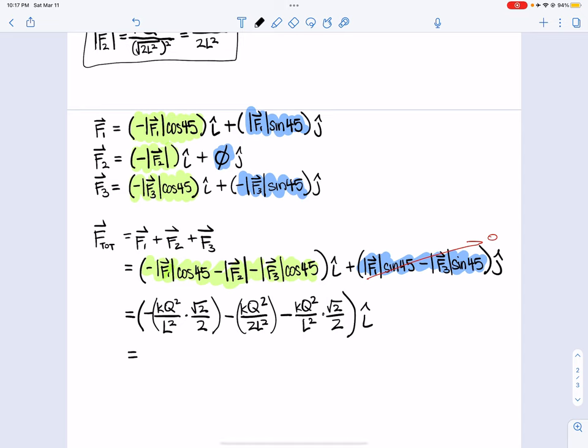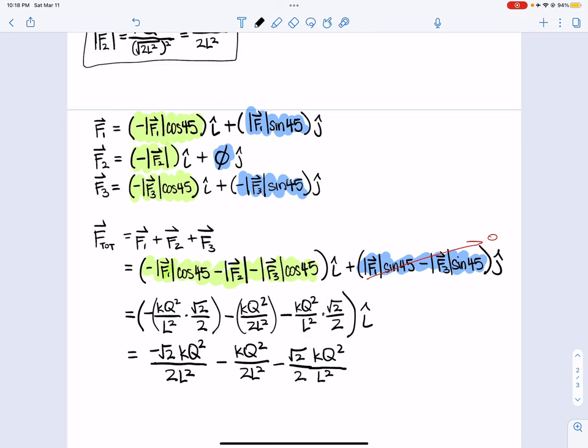So let's multiply this out. Let's distribute the negative. So that's negative square root of 2 kq squared over 2L squared, minus kq squared over 2L squared, minus square root of 2 over 2 times kq squared over L squared. All right, notice all our denominators are the same, so we can group the terms together.